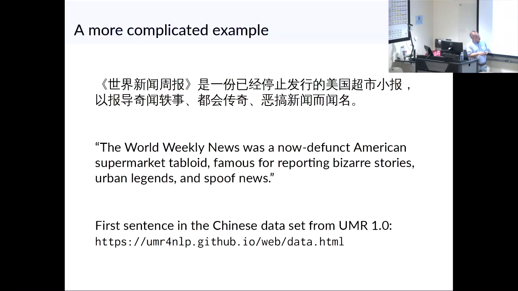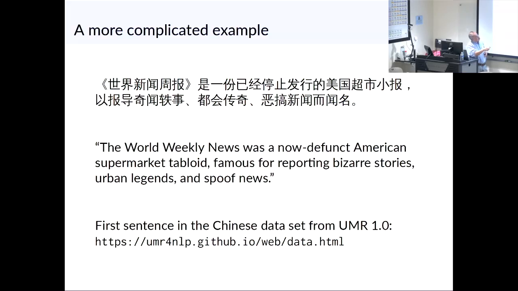It was the defunct American supermarket tabloid. Anybody know anything about this? Never heard of it? Okay. So maybe it's been defunct for a long time, right? American supermarket tabloid, so this is what it says. So this is the tabloid in American supermarkets.